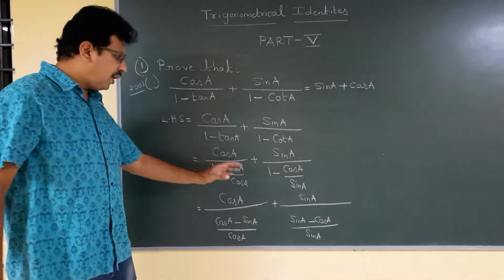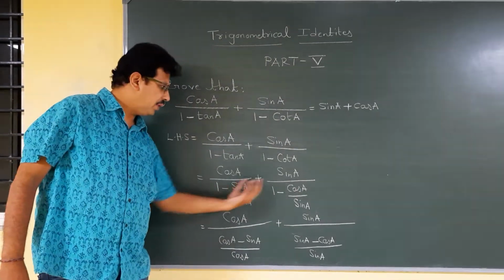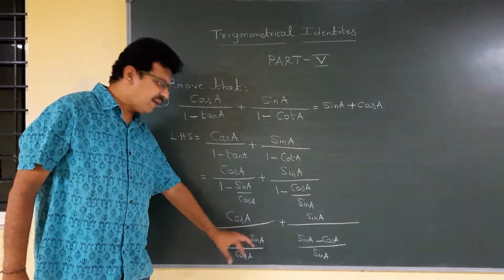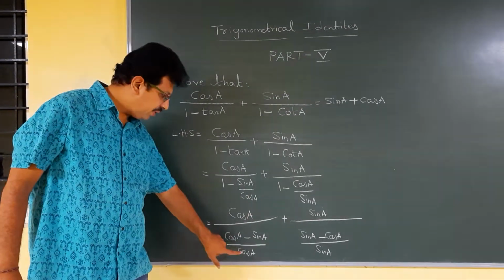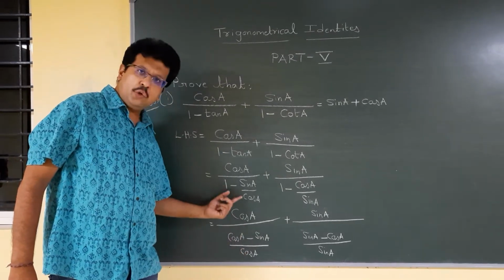So this is a very important step. We have taken the LCM of the denominator parts of these two. And then the next step is very important. You need to observe: take a reciprocal. Take a reciprocal means the numerator will come to the denominator, and the denominator will go to the numerator.